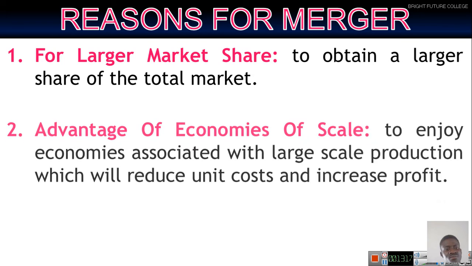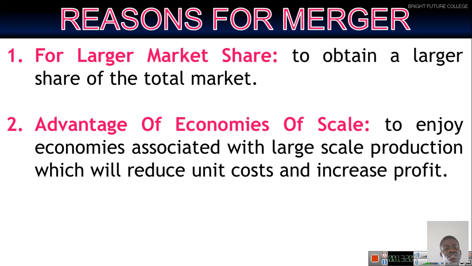So you now look at the advantage: there will be advantage of economies of scale. If we take your minds back to the law of costs, looking at cost in production, you agree with me that the higher the production, the lower the unit cost. It will cost you more to produce one pin than to produce 1,000 pins when you calculate the unit cost of production of each pin.